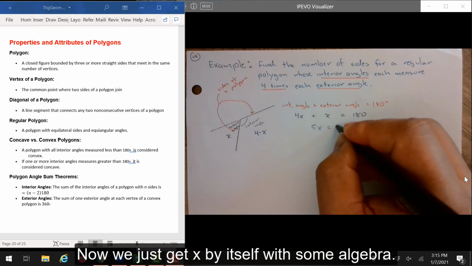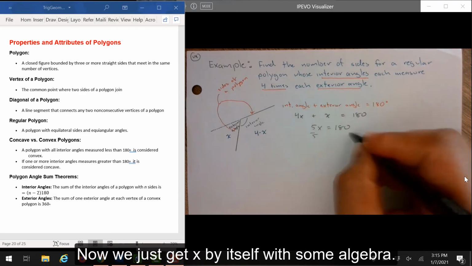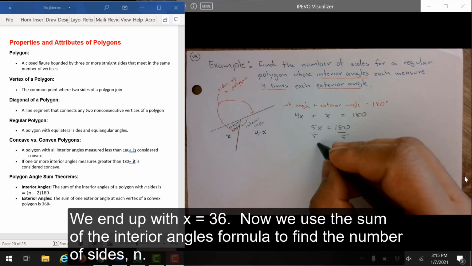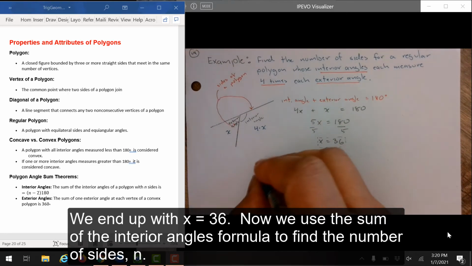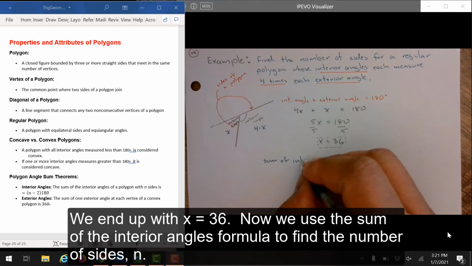Now we just get x by itself with some algebra. We end up with x equals 36. Now we use the sum of the interior angles formula to find the number of sides, n.